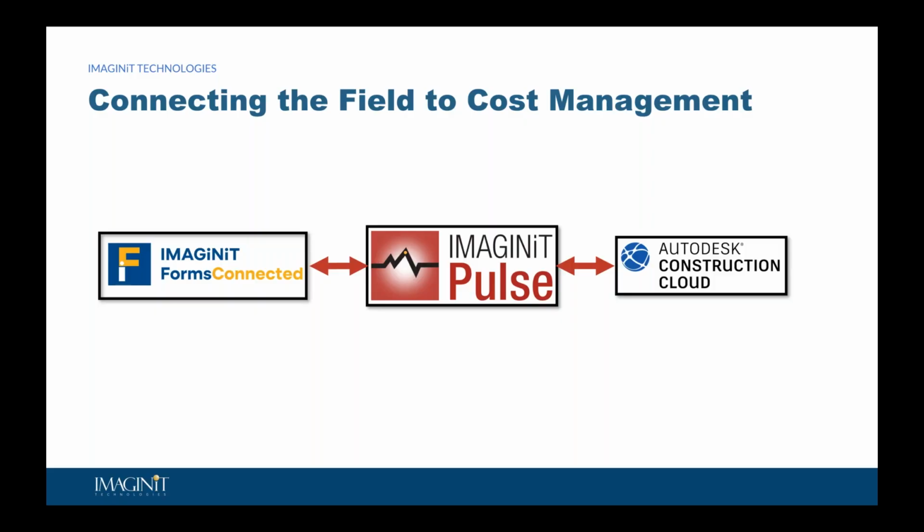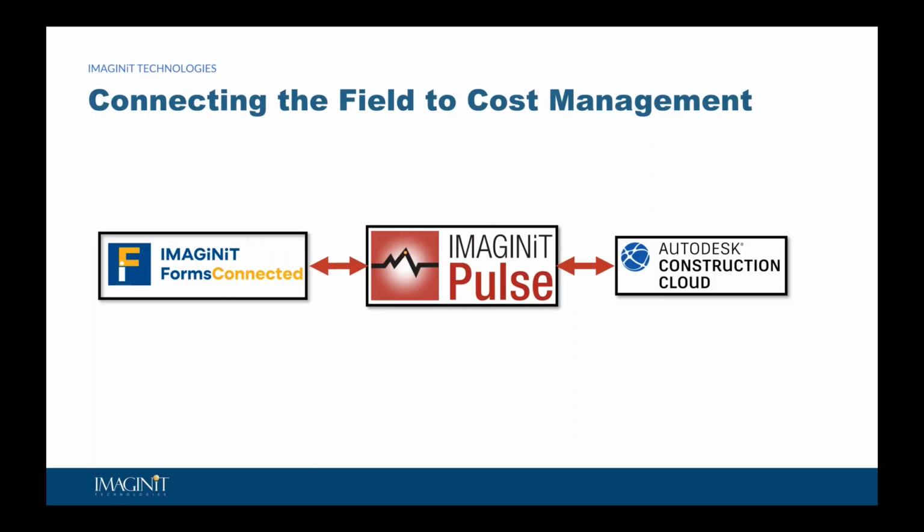And then from there, that data is going to flow seamlessly through Pulse. Pulse is that piece of middleware. If we have questions at the end, I can definitely dive more into what Pulse is, but for now, just know that it's a piece of middleware. It lives on the back end. It's nothing that you have to ever open or mess with. But what it does is connect two pieces of software. So in this instance, we're connecting FormsConnected to the Autodesk Construction Cloud, more specifically Autodesk Build cost management.